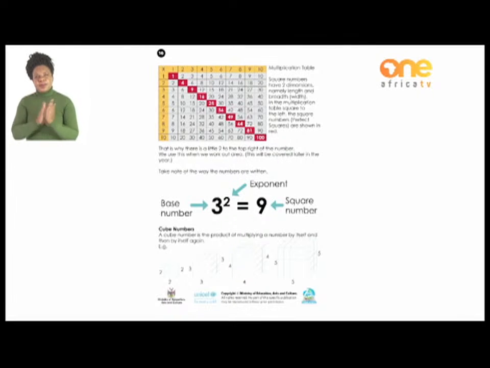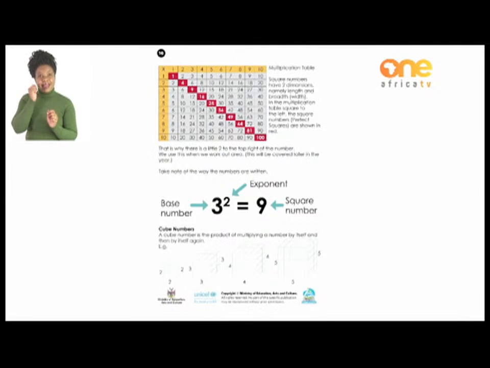Page 16, there is a multiplication table whereby there are numbers colored in red, and some which are yellow.